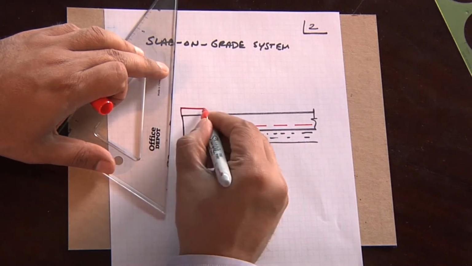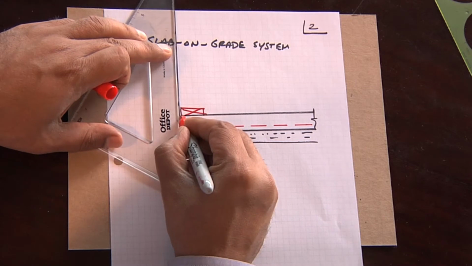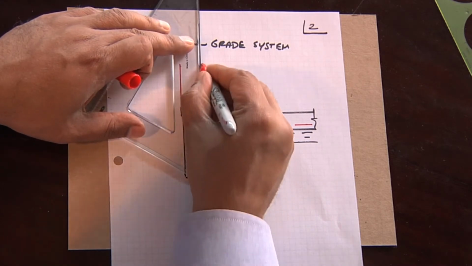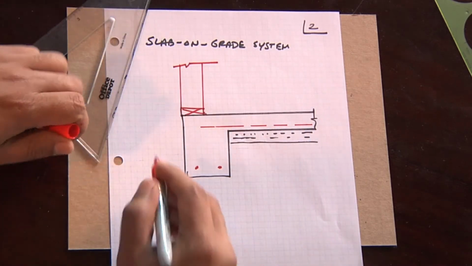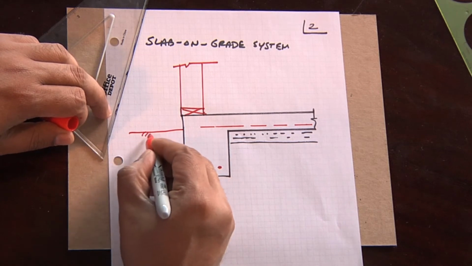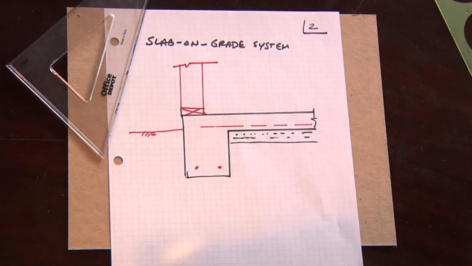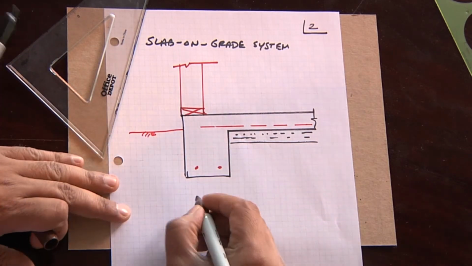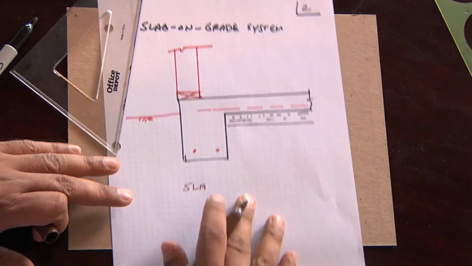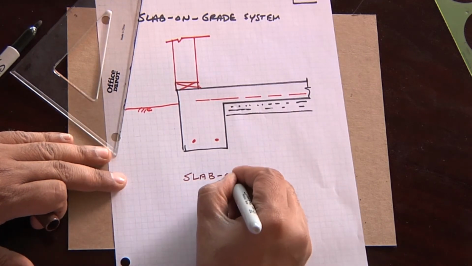And then you have your framing elements for your wall and your dirt line. And so this is a slab on grade foundation.